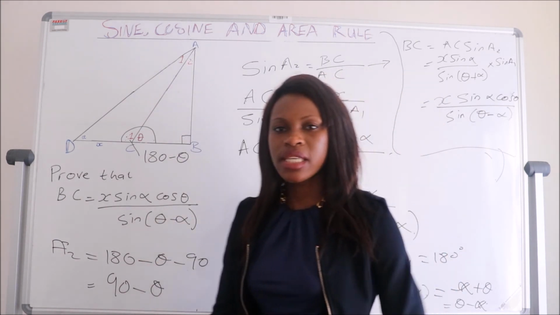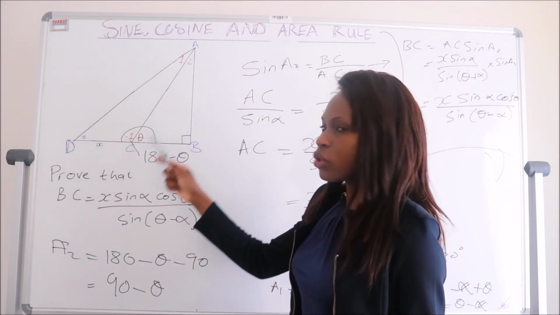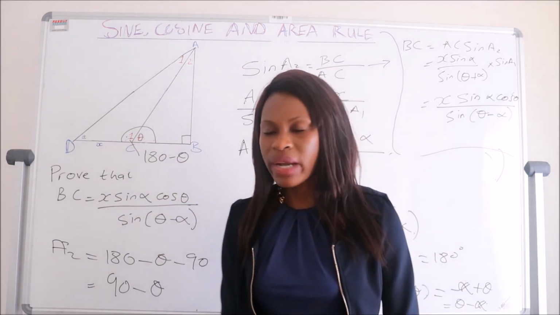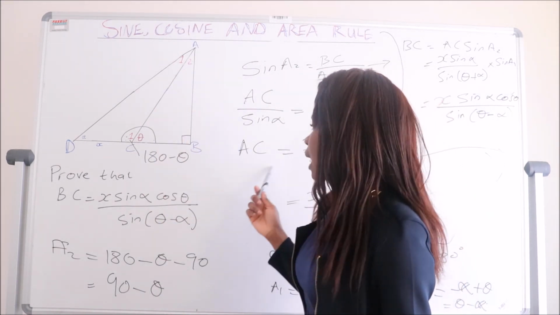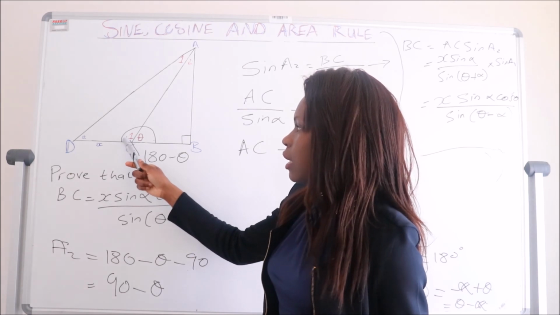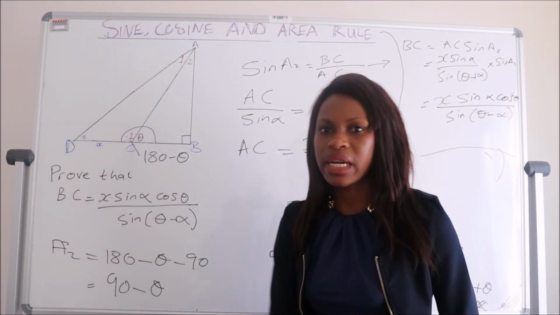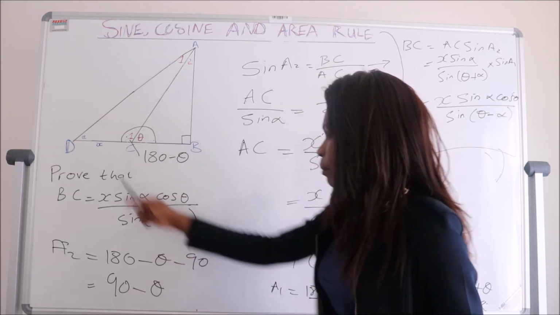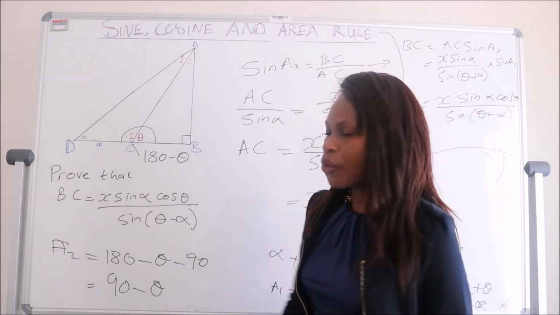And from there you can see that you have the unknown, which is A2, and to find that you use the sum of angles of a triangle is equal to 180. And then to find the length of AC, you use the sine rule, and after finding this angle here, where we know that the whole angle here is equal to 180, you use the sum of angles of a triangle, 180 again, and that will give you the value of A1.